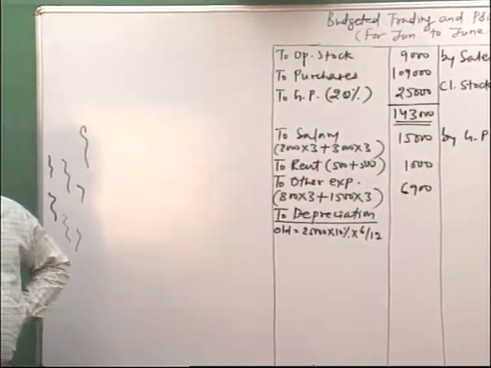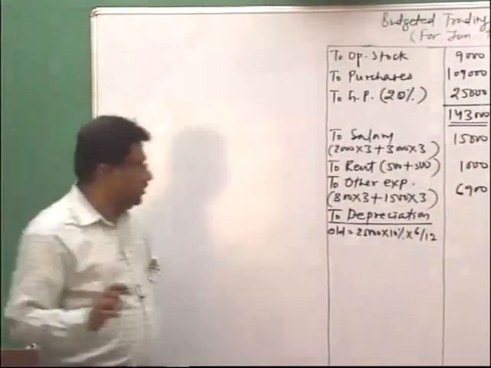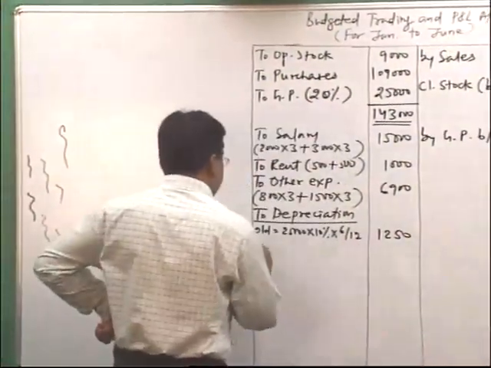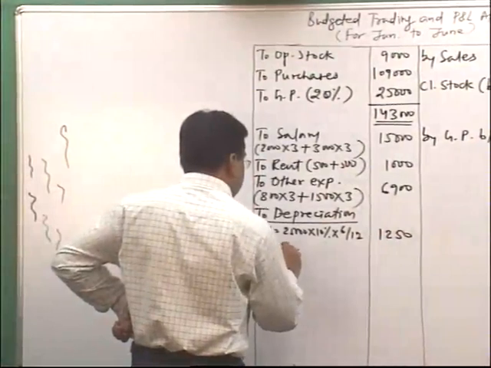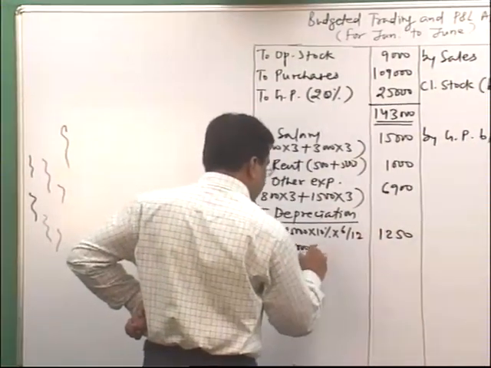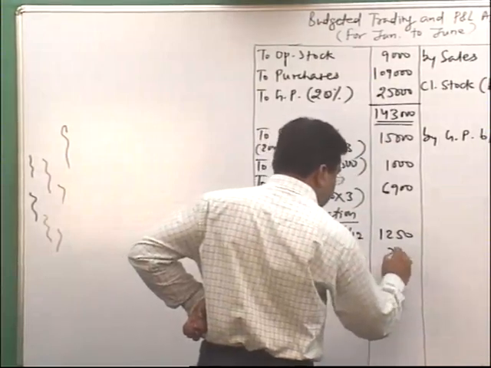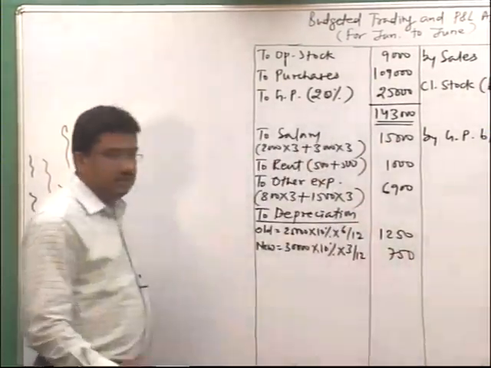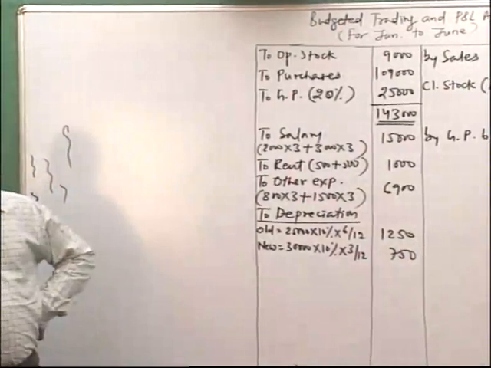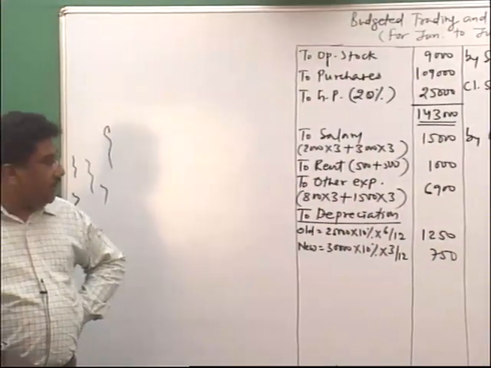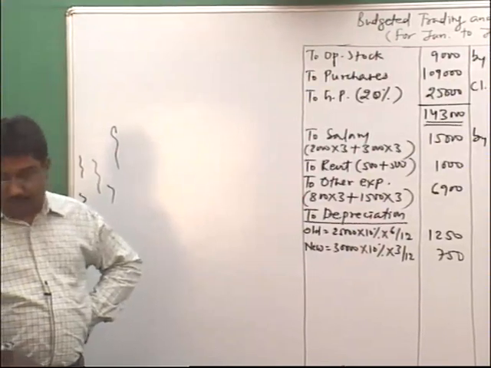It comes to 1,250. And on new asset, it is 30,000 into 10% for 3 months. So it is 750 rupees. So total depreciation is 2,000 rupees.